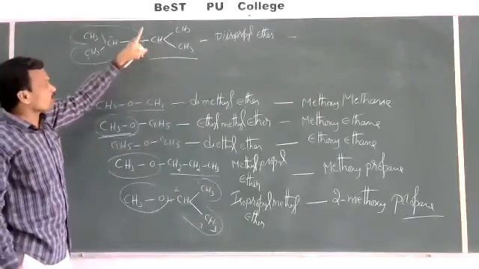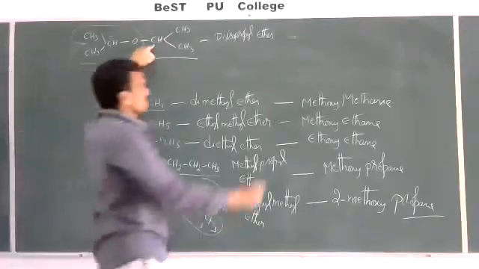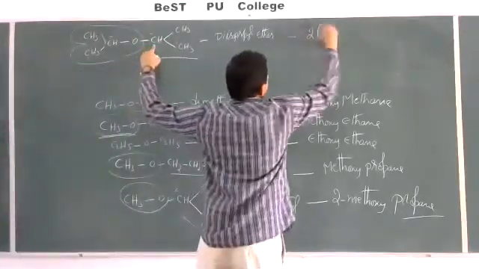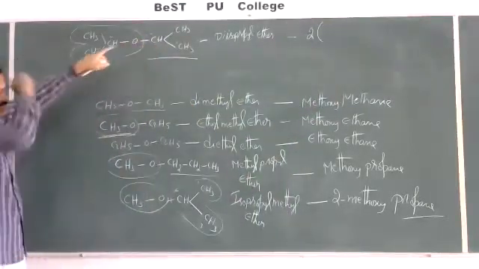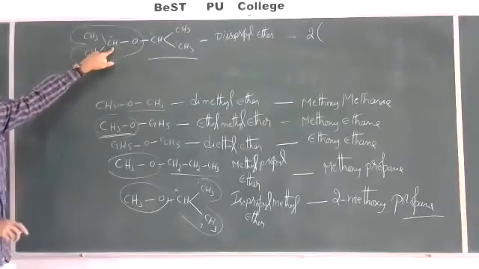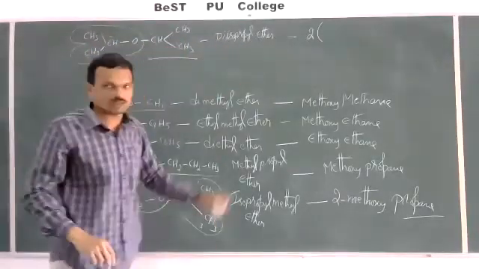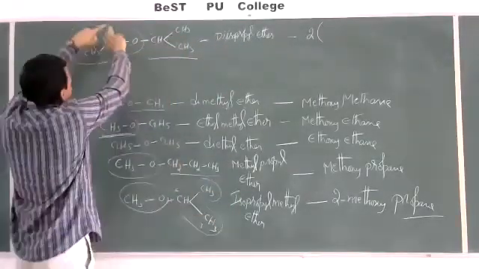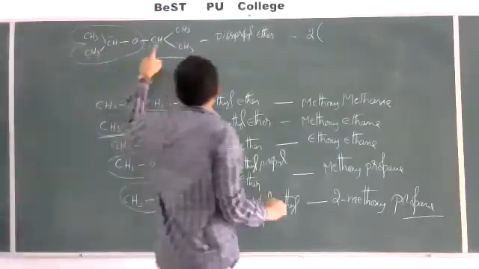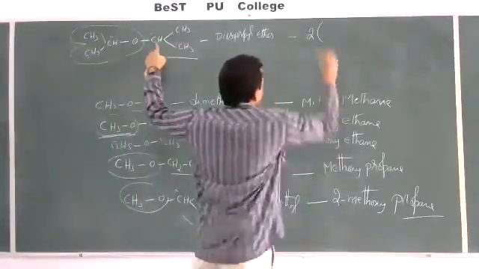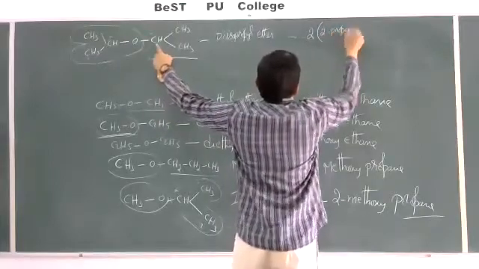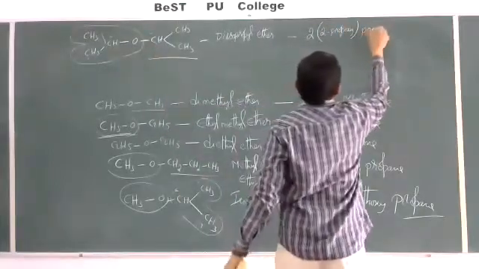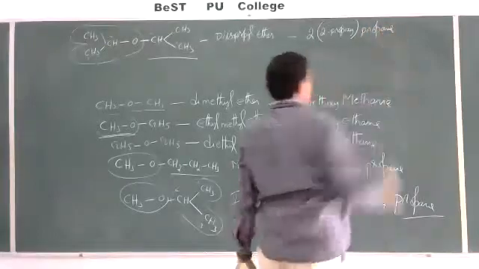At the second position of this propane, the 2-propoxy group is there. So don't write 2,2-propoxy. We should represent the 2 in the bracket.